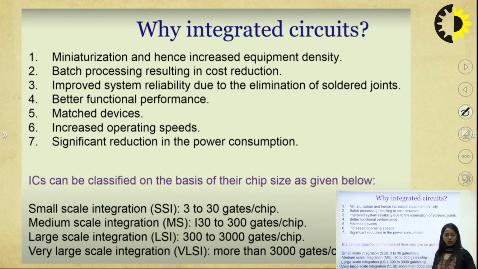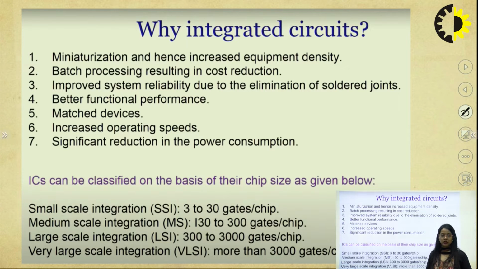This has already been covered. We are trying to see the process of integration, where miniaturization leads to an increase in equipment density, and batch processing results in cost reduction and improved system reliability. These are all the benefits of having integrated circuits: better functional performance.